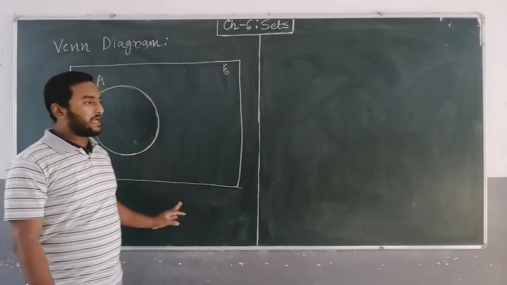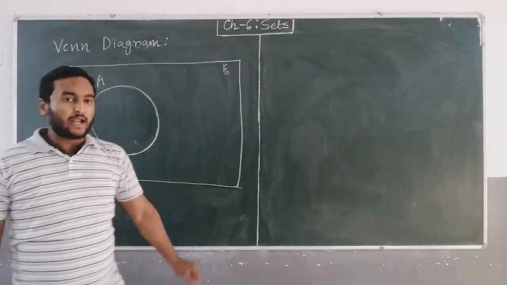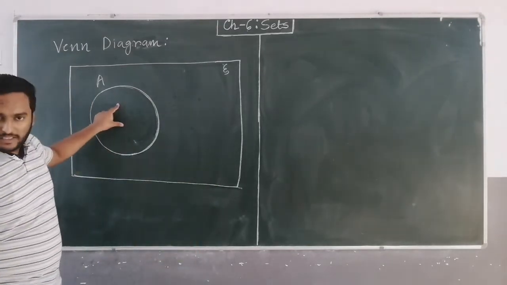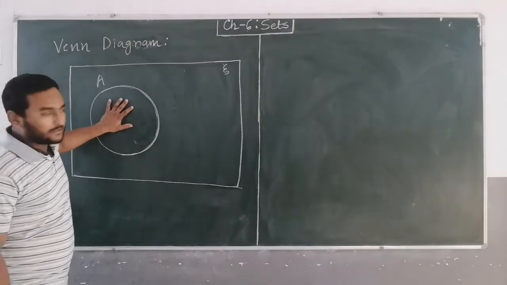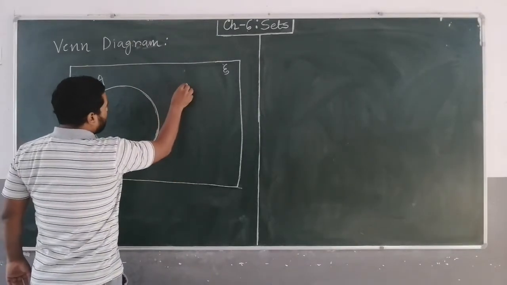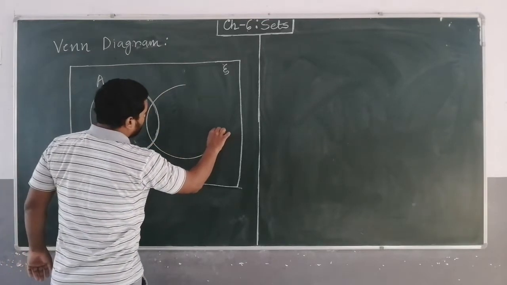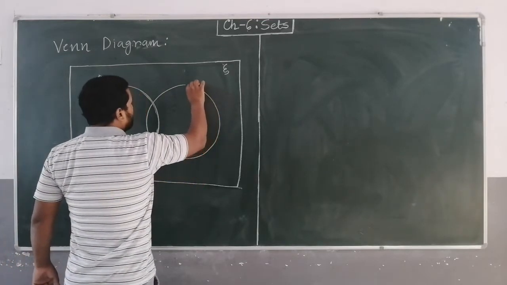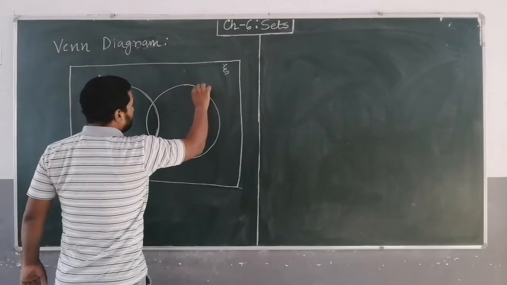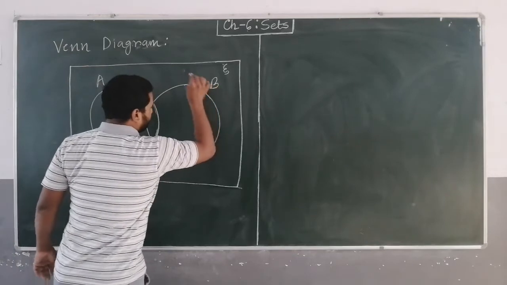One rectangle will be there, and the inside portion of the rectangle is the universal set, and if you draw a circle inside it, that will represent a set. Suppose two sets are there. This is set A and this is set B.